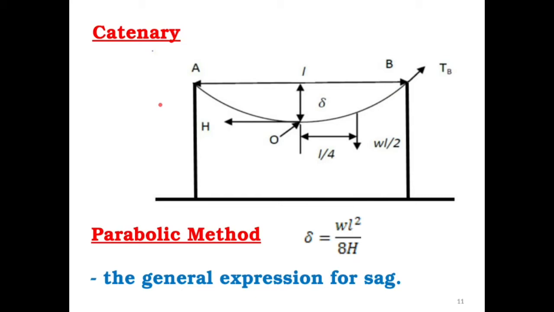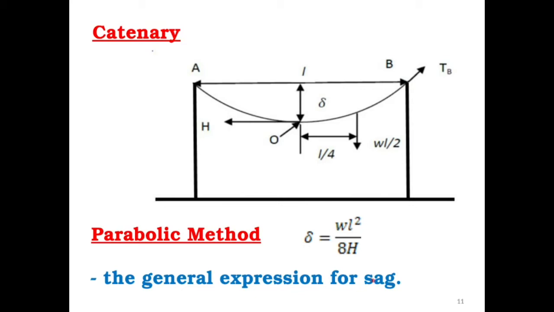If we take the moments about either of the two points A or B, we can equate them, and after equating them, we can find the expression of sag: delta is equal to WL squared over 8H.